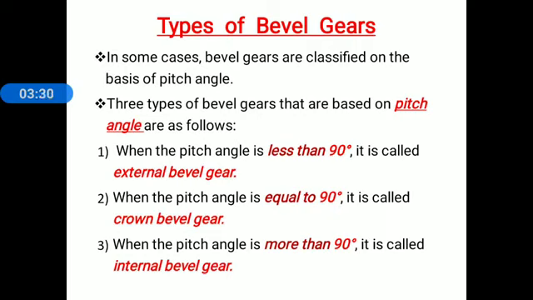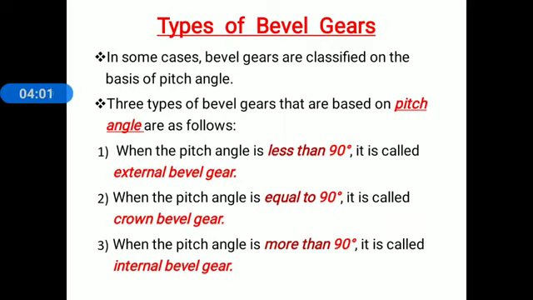Second, crown bevel gear. When the pitch angle is equal to 90 degrees, it is called a crown bevel gear. Third type based on pitch angle: when the pitch angle is more than 90 degrees, it is called an internal bevel gear. Remember this classification based on pitch angle.